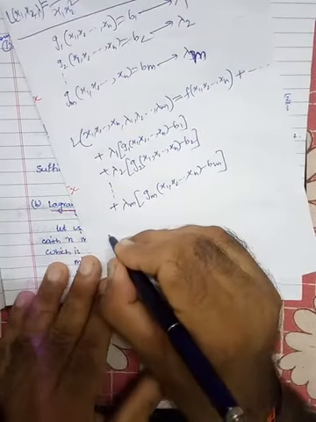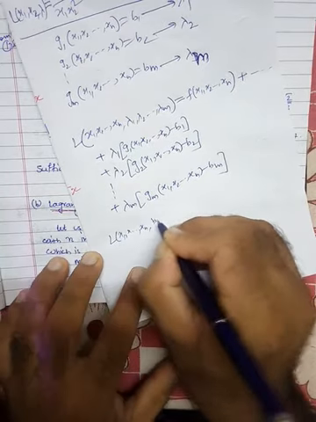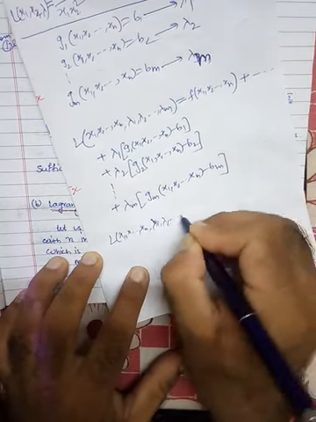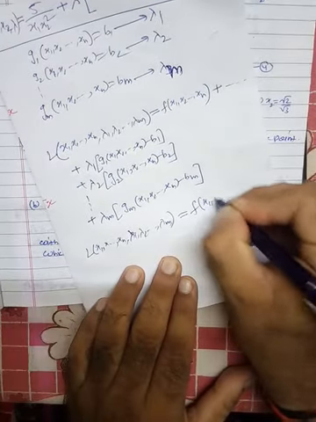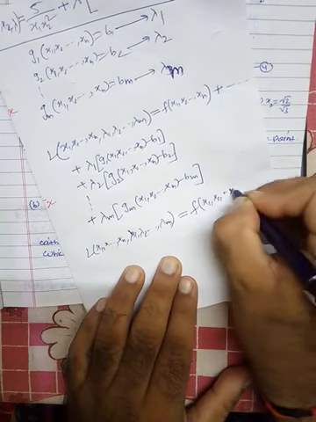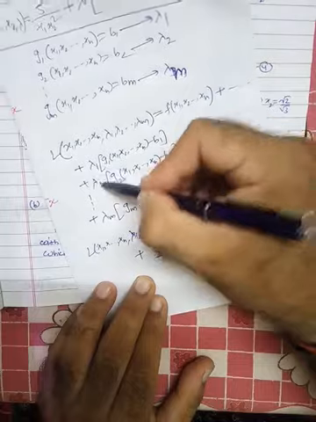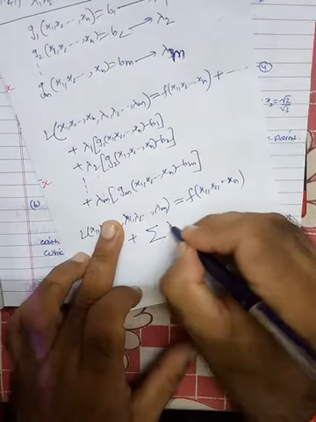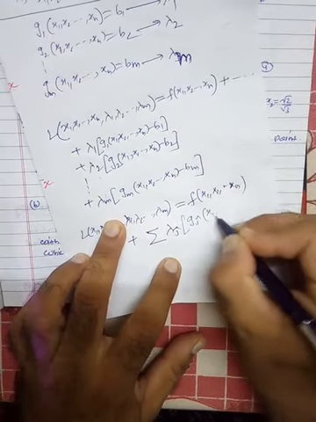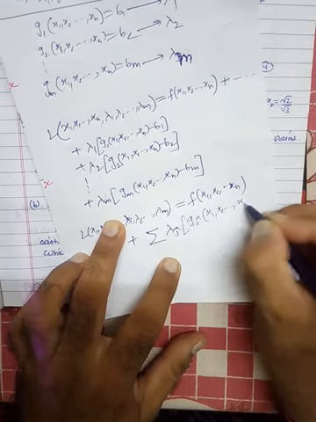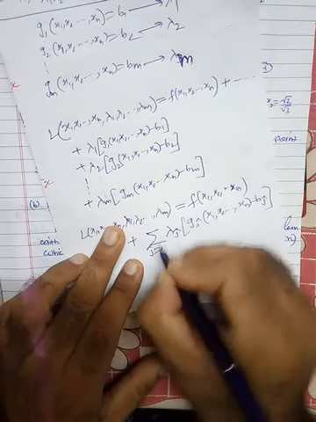In short, we can write L of x1 x2 xn lambda 1 lambda 2 lambda m is equal to f of x1 x2 xn plus summation. We are having total m number of terms, so this can be written as lambda j gj x1 x2 xn minus bj, where j varies from 1 to m.